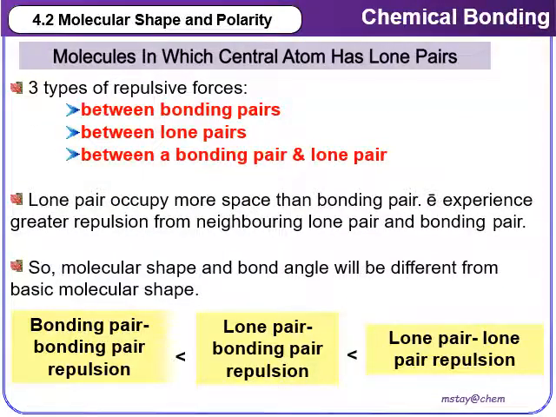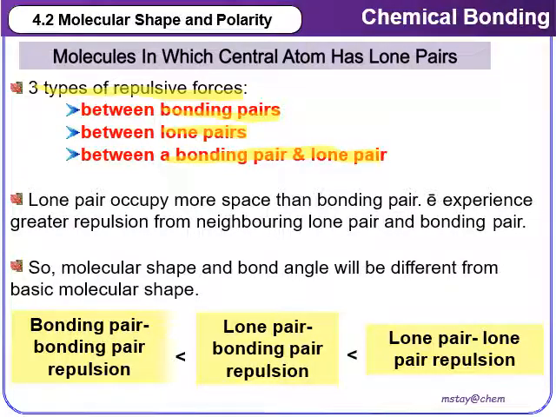Okay, in this slide, we are going to focus on the second main point in the VSEPR theory, where we emphasize the types of repulsion forces. There are 3 types. One is between bonding pair and bonding pair electrons, between lone pair and lone pair electrons, and also between bonding and lone pair electrons.